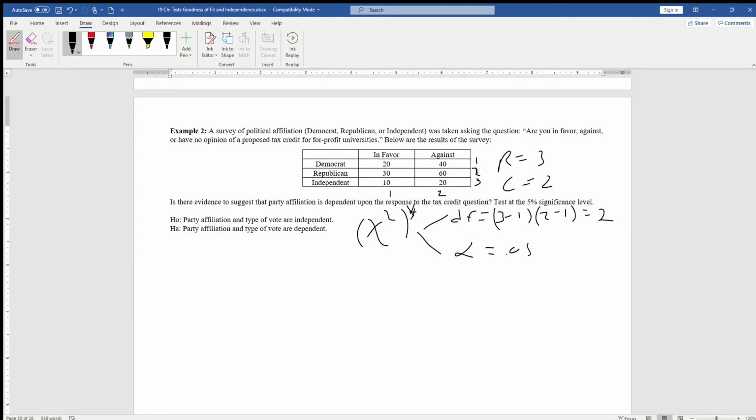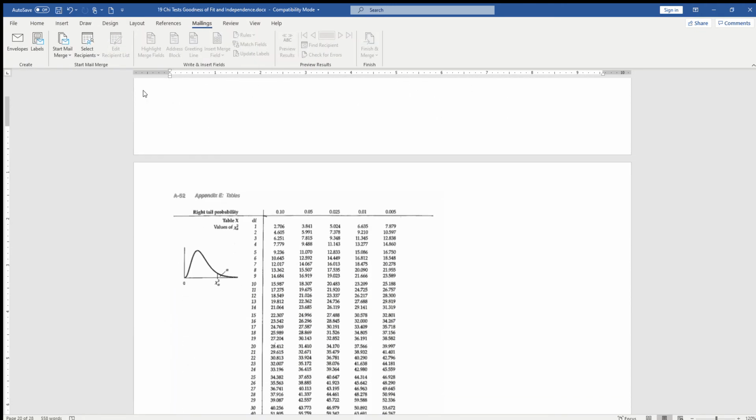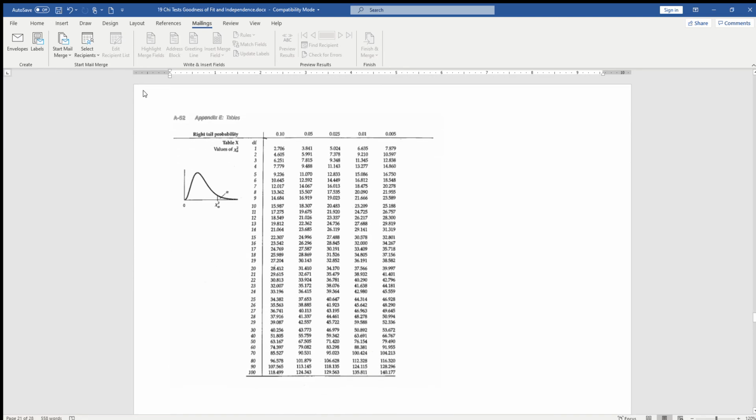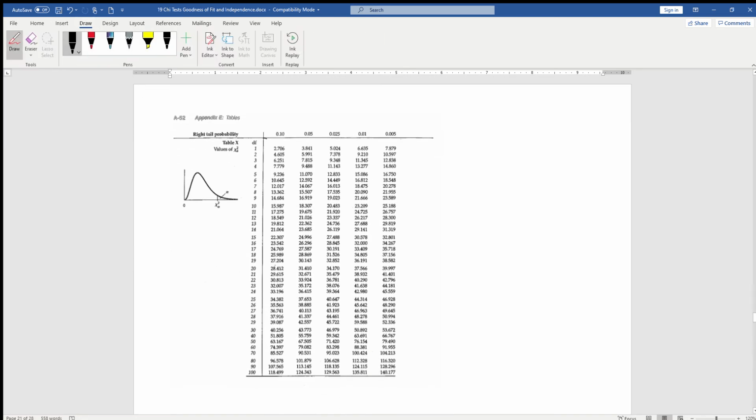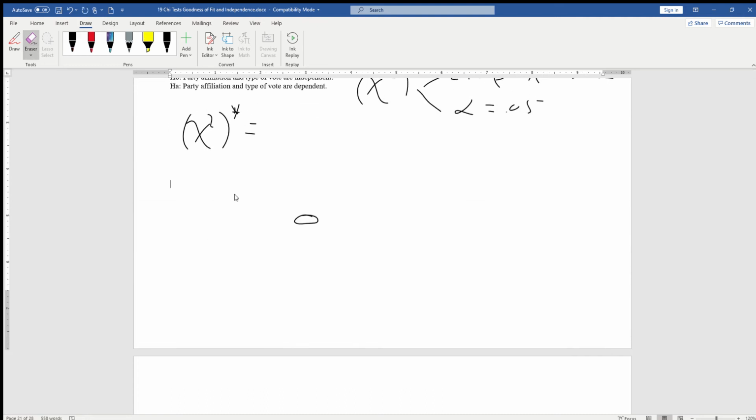Significance is 5%. And so that means that if we look into the table, the critical value at 2 degrees of freedom and 5% significance is going to be 5.991. I'm going to delete the table since we don't need it anymore. And let's erase this.